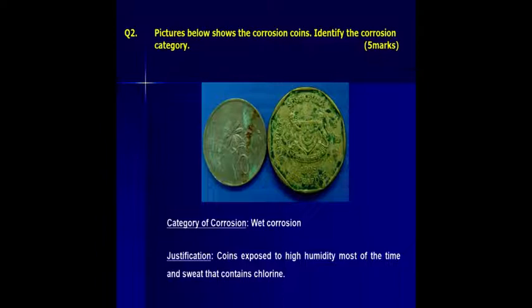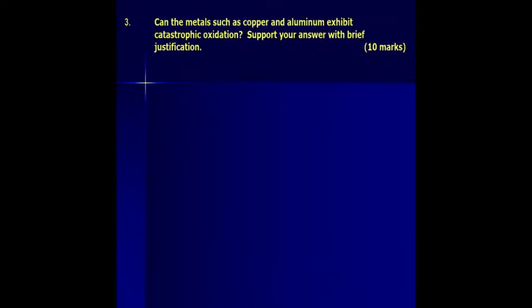All right. Now let's go to question number 3 here. I hope this is clear. Can the metals such as copper and aluminum exhibit catastrophic oxidation? Here I'm only trying to test whether you know what is catastrophic oxidation or not, and support your answer with brief justification. So you know that copper and aluminum are almost inert material, because aluminum has the best aluminum oxide under the dry condition, and the copper also forms a very stable copper oxide.